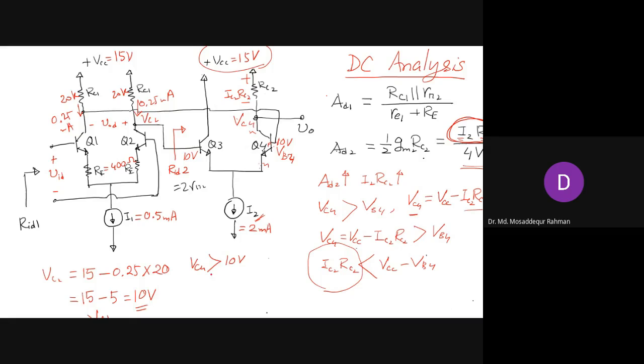Now, how large does it have to be? I mean, how much higher does it have to be than 10 volt? If you want a high gain, the higher you want the gain to be, the lower VC4 will be.